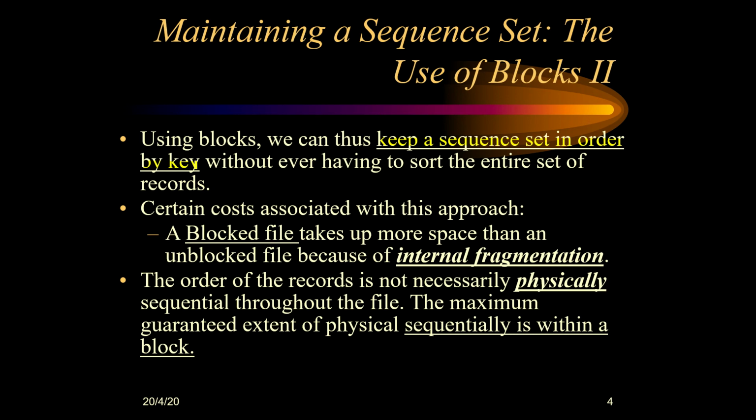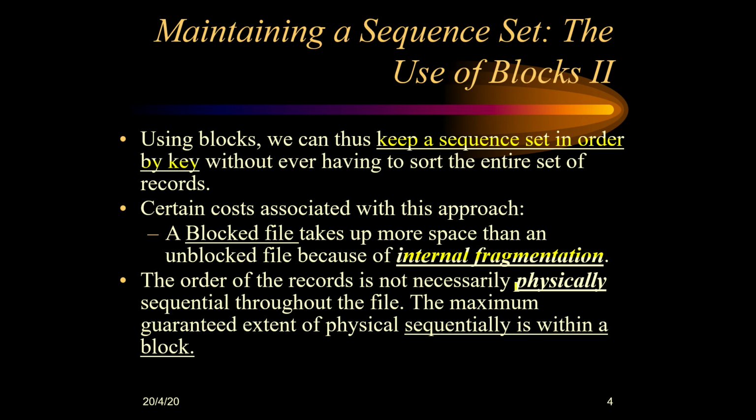Now we need to see how the order is maintained. When blocks are introduced, we end up having internal fragmentation, because we have seen in the previous chapters how a block system introduces internal as well as external fragmentation. The same thing happens here as well.